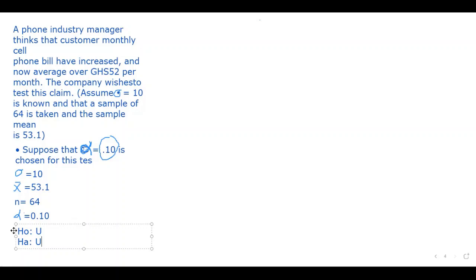Most of the time they give you the null hypothesis, H naught, then you write the alternate. The alternate hypothesis is mu greater than 52, so the null will be the opposite: mu less than or equal to 52.